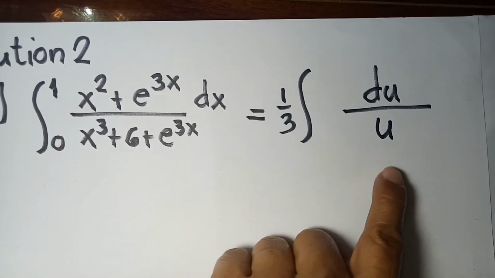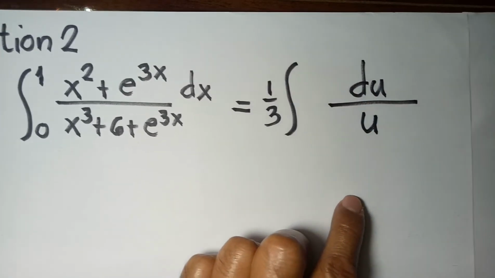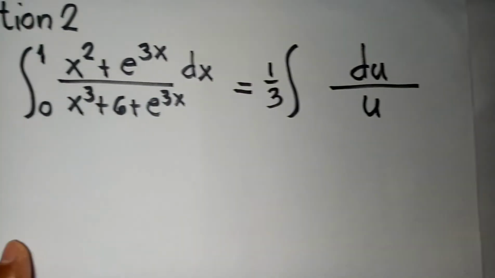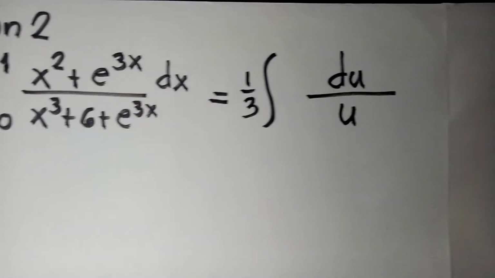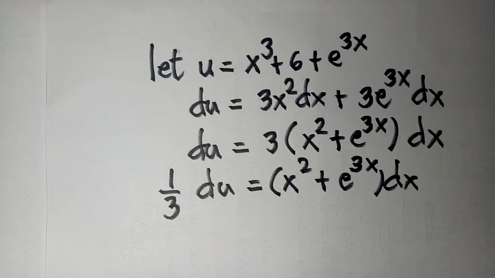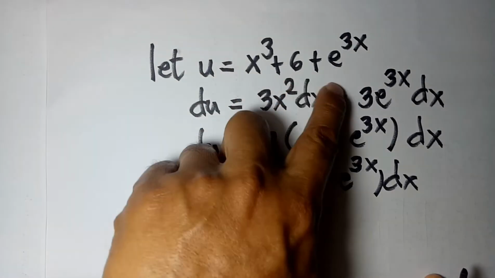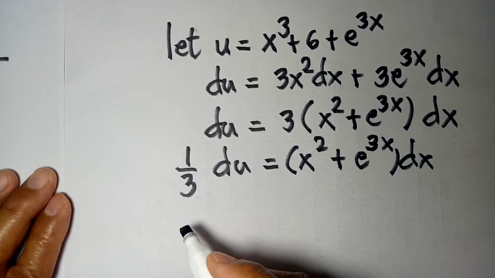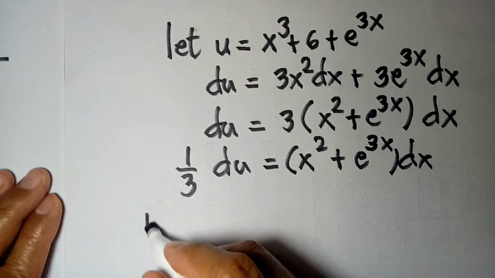Ngayon, yung lower limit na 0 at saka yung upper limit na 1 ay limits in terms of x. So dahil nilipat natin yung problem natin in terms of u, lipat din natin yung ating limits in terms of u. Okay? So dito, buhat dito, from u equals x cubed plus 6 plus e raised to 3x. So, limits in terms of u. Sulat ko muna, no?